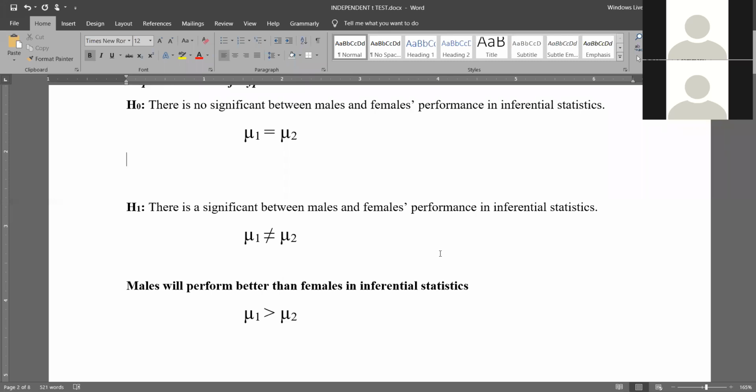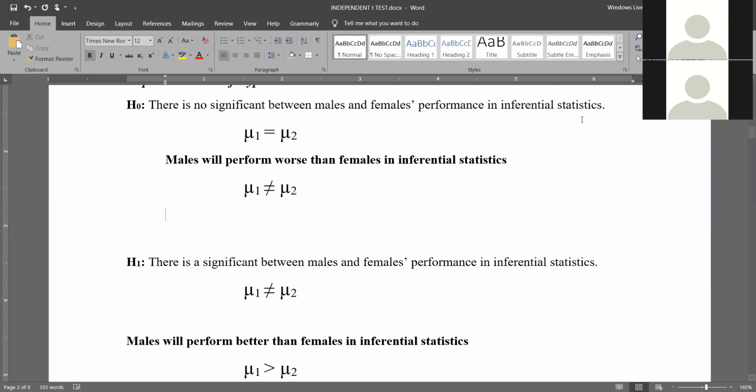So it means the first opposite we can see is that males will perform worse than females in inferential statistics. By using this symbol. Since we are saying males will perform worse, then it means that males will be less than females.